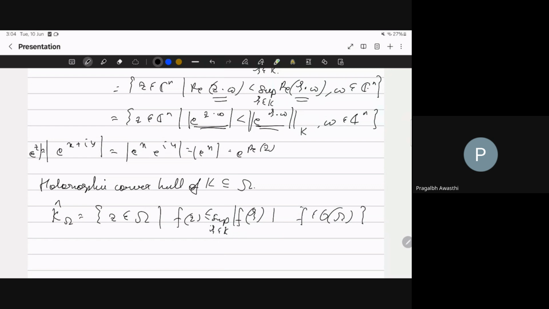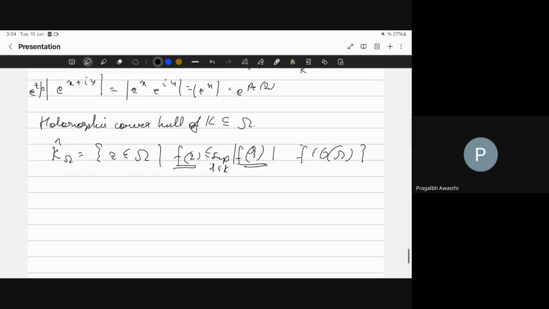See, this is a sharper set than this. Here we are only considering specific holomorphic functions; here we are considering all holomorphic functions, right? And this is known as the holomorphic convex hull of K.